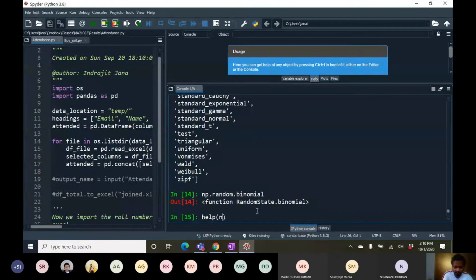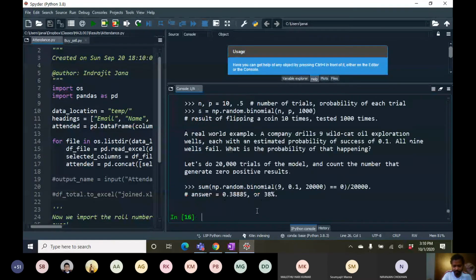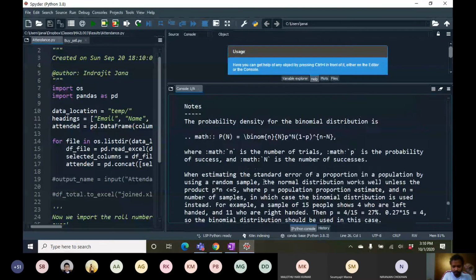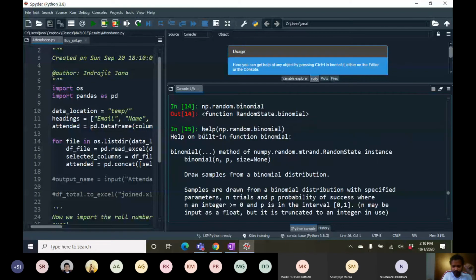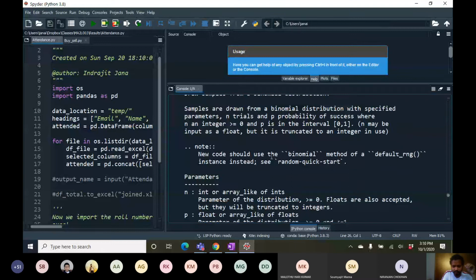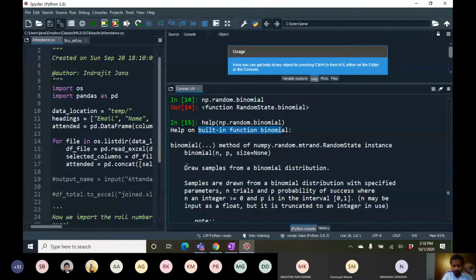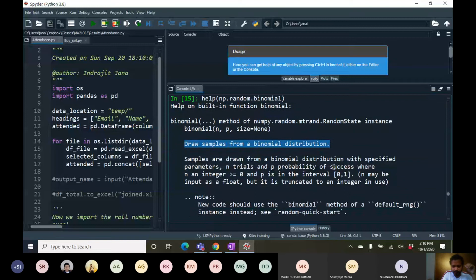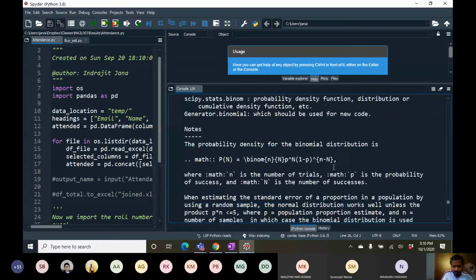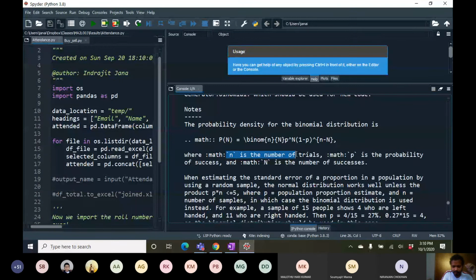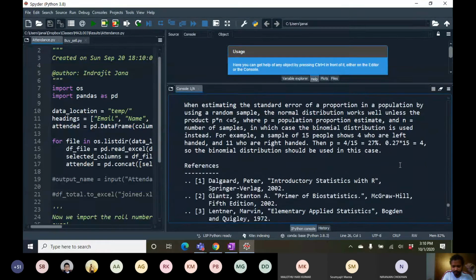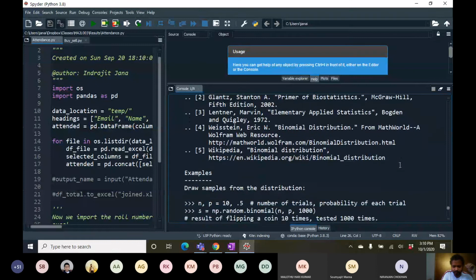So let me write this down: help(np.random.binomial). It tells you the usage of this function, or how to use it. It gives you help on the built-in function binomial, and it gives documentation. We can use this function to draw samples from a binomial distribution, and it says that n is the number of trials, p is the probability of success, and so on, right? We have talked about that in the lectures.